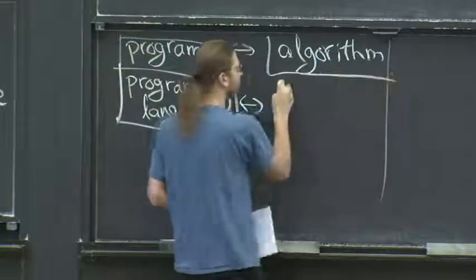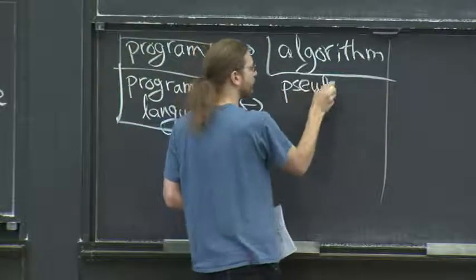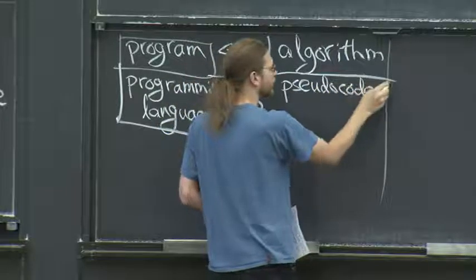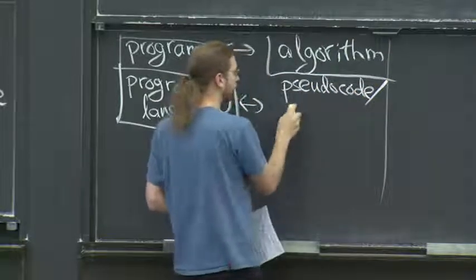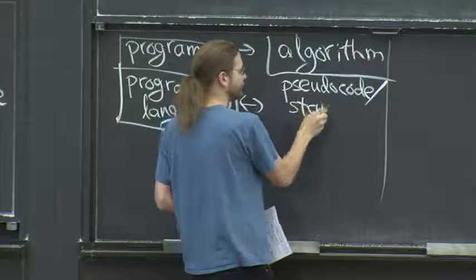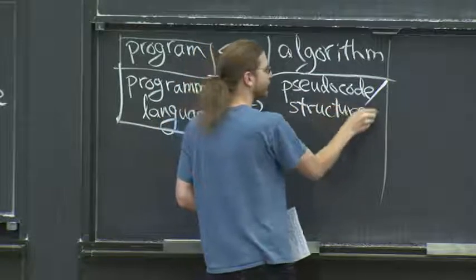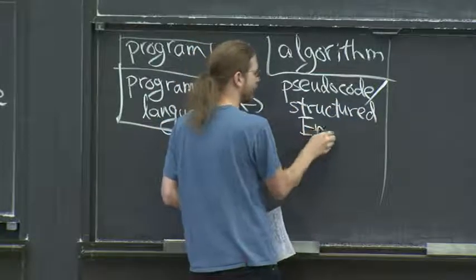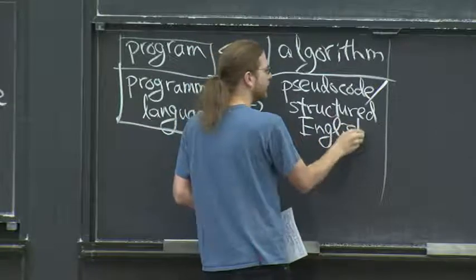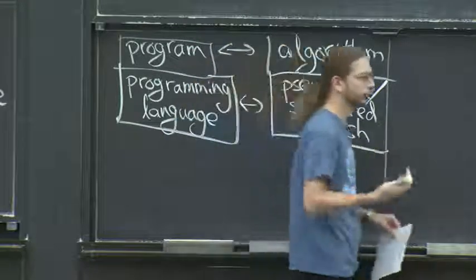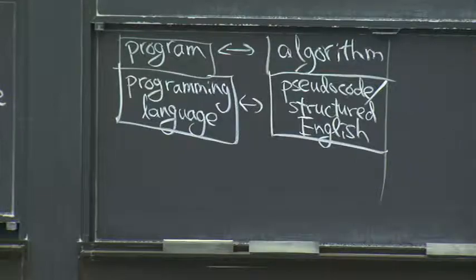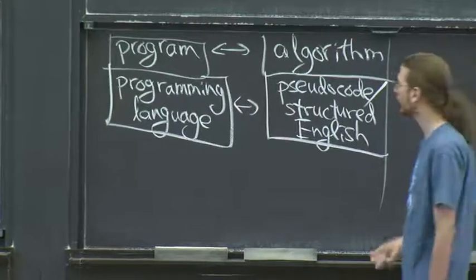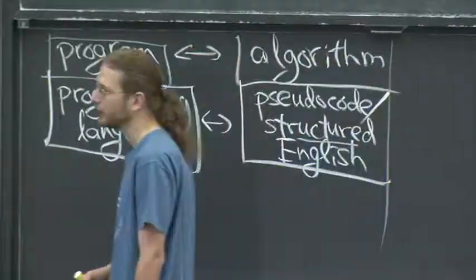Usually, we write them in pseudocode, which is basically another fancy word for structured English. Good English, whatever you want to say. Of course, you could use another natural language. But the idea is you need to express that algorithm in a way that people can understand and reason about formally. So that's the structured part.